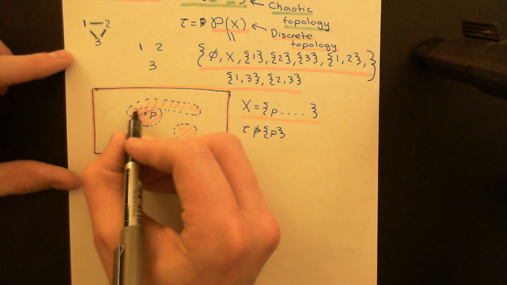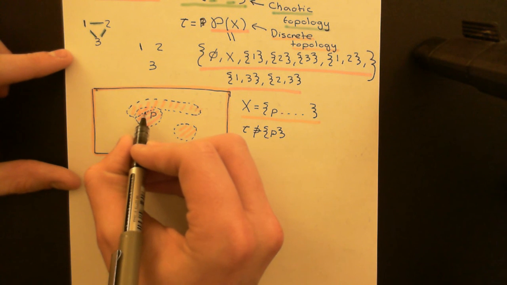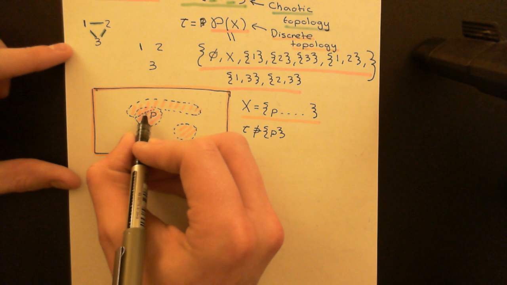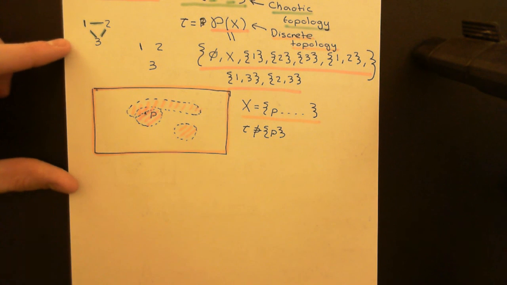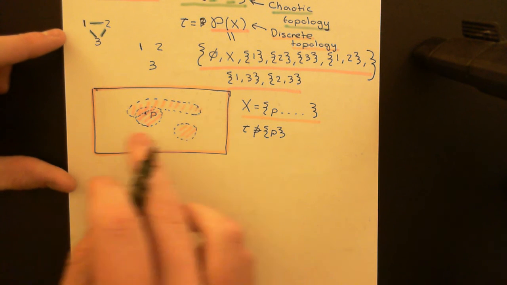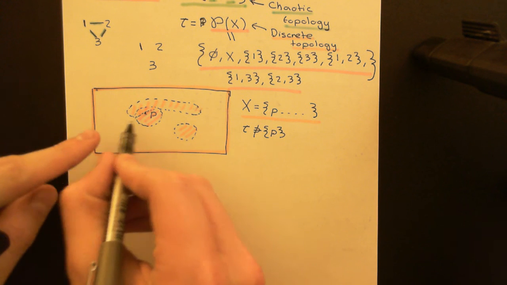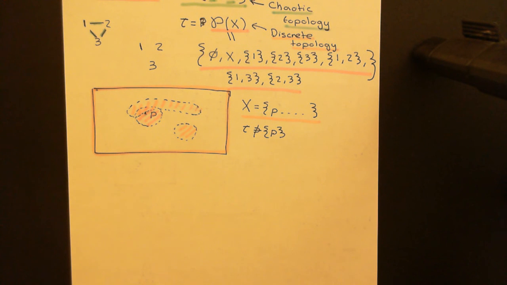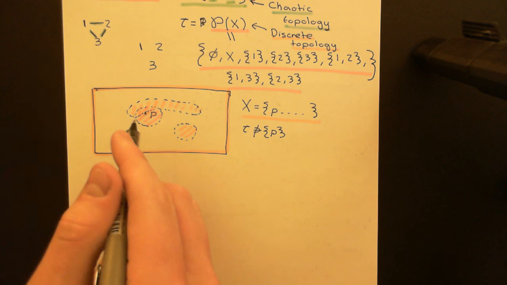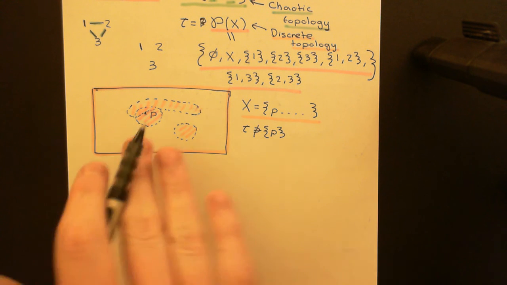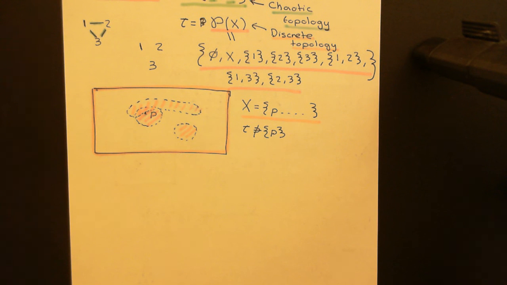But when you do have a set that does contain P, I hope you can appreciate that if it doesn't contain its boundary, it will also contain the points that are infinitesimally close to P. And therefore, going back to our way of working out what points in the set are going to have lines drawn between them, the points that are infinitesimally close to P will end up getting lines drawn between them and P, because they will be with P in all of these sets in the topology that P appears in.